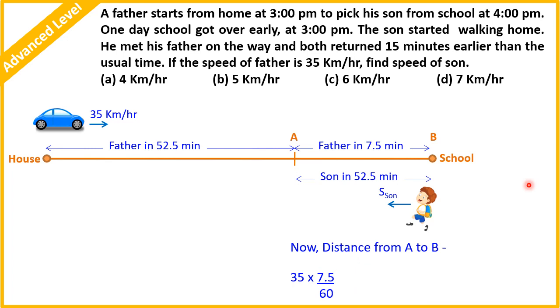The same distance AB, the son can walk in 52.5 minutes. So again I can write distance AB as a product of speed and time, that is speed of son into 52.5 minutes converted to hour. As both of these distances are equal, I can equate them, and solving this equation we can determine the speed of the son, which comes out to be 5 km per hour.